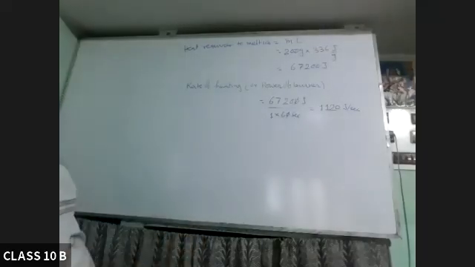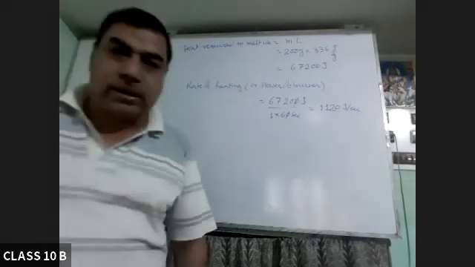Now you are asked in how much time 200 gram of water at 0 degree will change into 20 degrees Celsius.